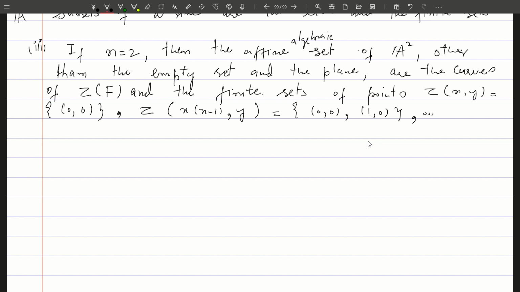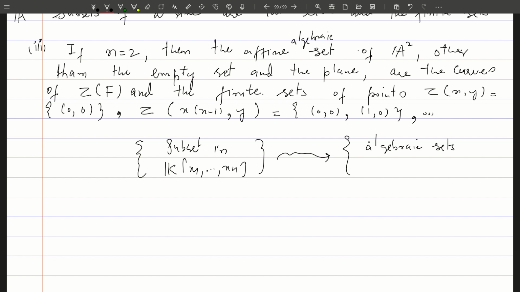So we have subsets in the polynomial ring in n variables, and to each subset S we associate the zero set of S in A^n, an algebraic set.